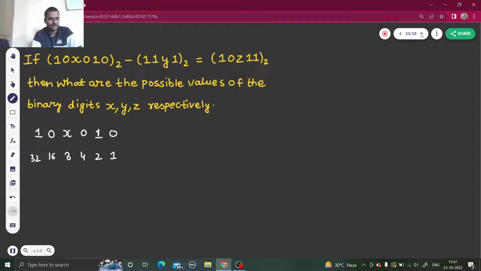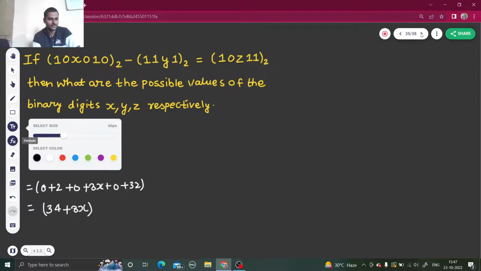So if you multiply this, you are getting 0 plus 2 plus 0 plus 8x plus 0 plus 32. So you are getting 2 plus 32, that is 34 plus 8x. This is as far as the first one is concerned.